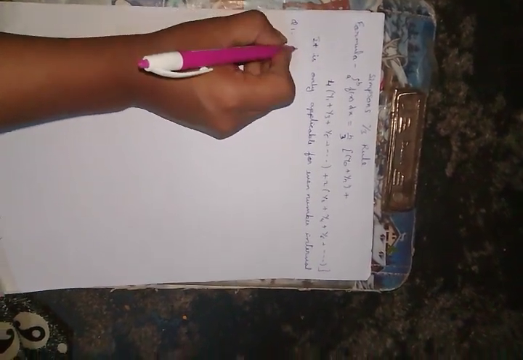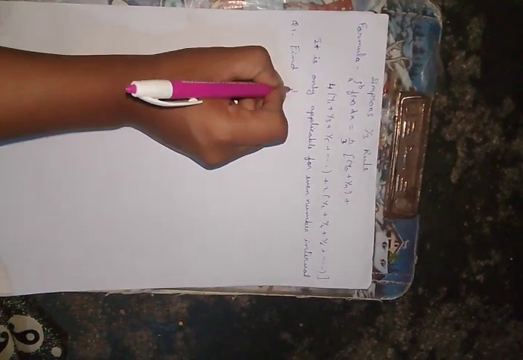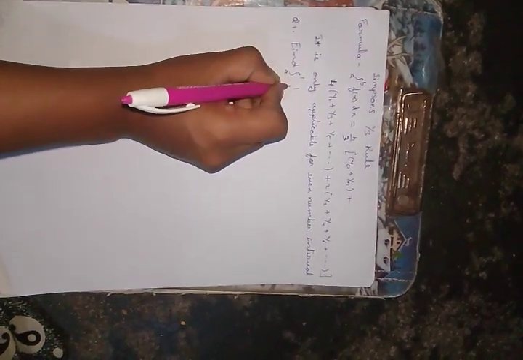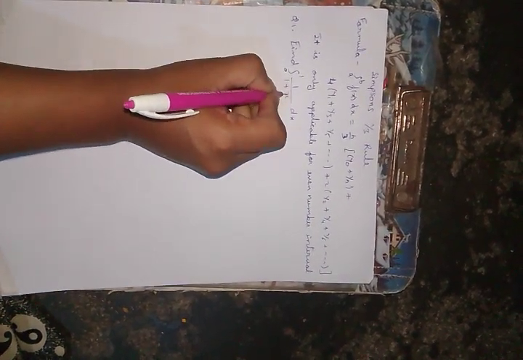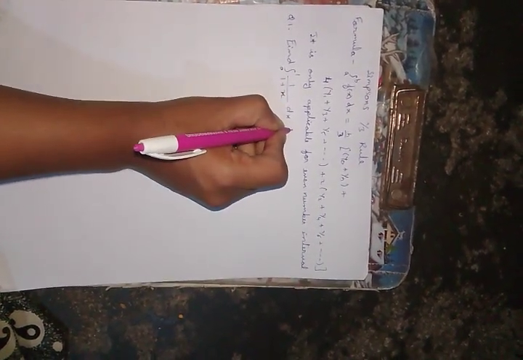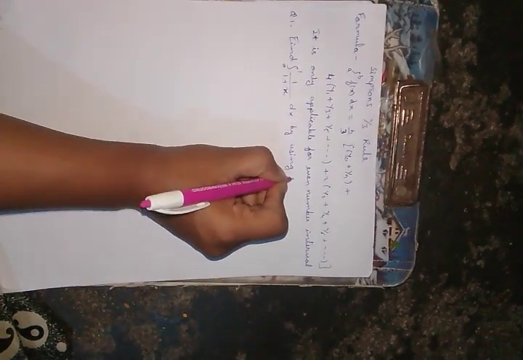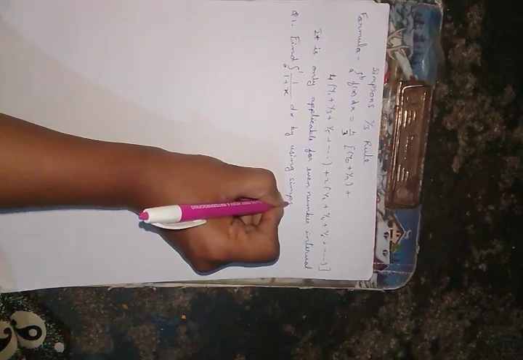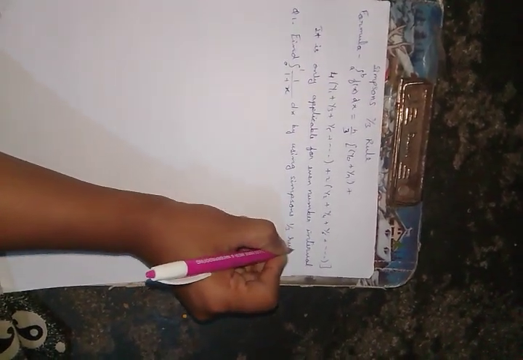Our question is: find the integral from 0 to 1 of 1 upon 1 plus x dx, by using Simpson's one-third rule.